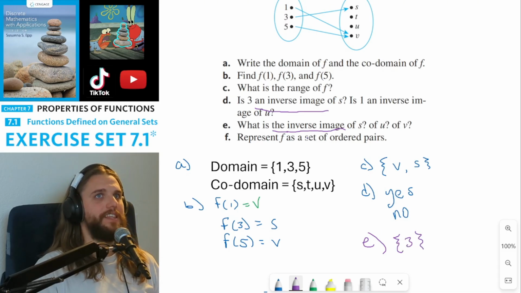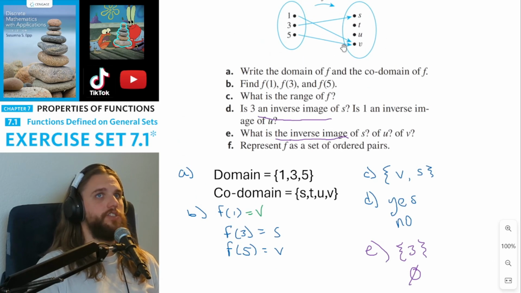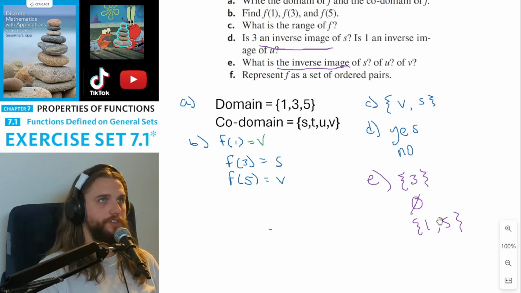Notice how that's not the same thing as just 3 by itself. Our answer here is a set. And then what about the inverse image of U? Well, there are no elements that are mapped to U, so this would be the empty set. And then the inverse image of V contains 2 elements because there are 2 inputs that are mapped to V, which is 1 and 5. And so those are the inverse images.